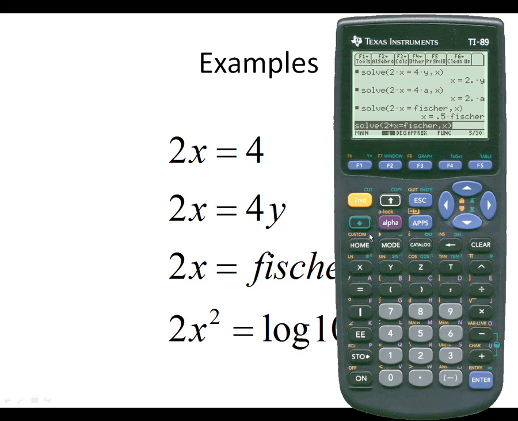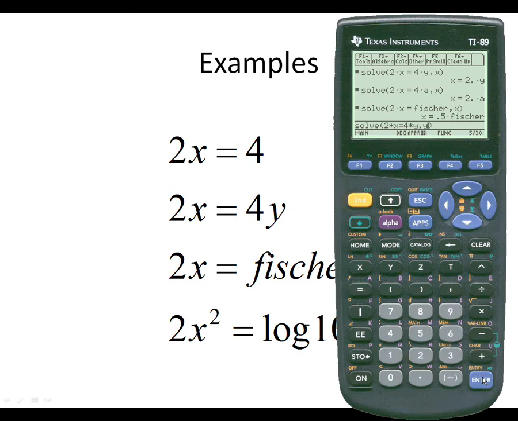If I recall this calculation here, 2x equals 4y, if I want to, I can solve for y. Remember, you can solve for whatever variable you want. That's just your second argument. So instead of x here, I am going to say solve for y.